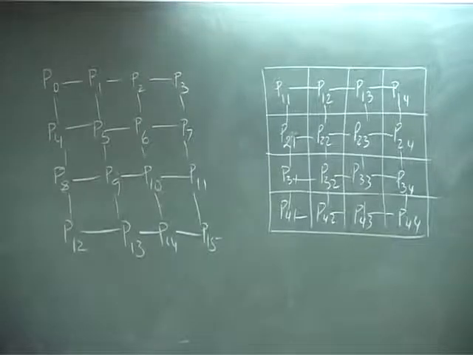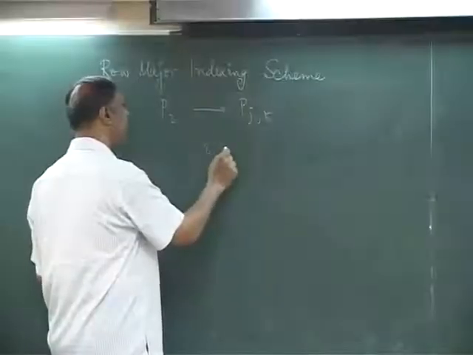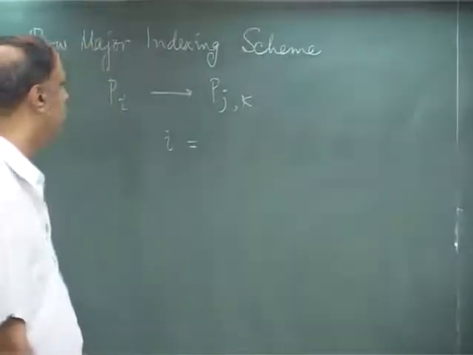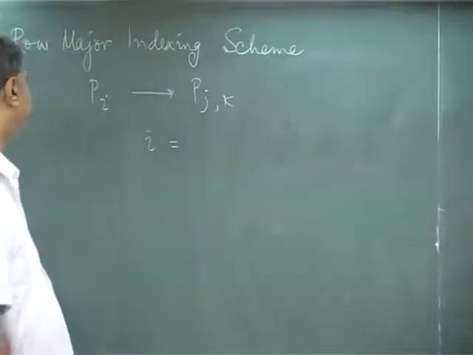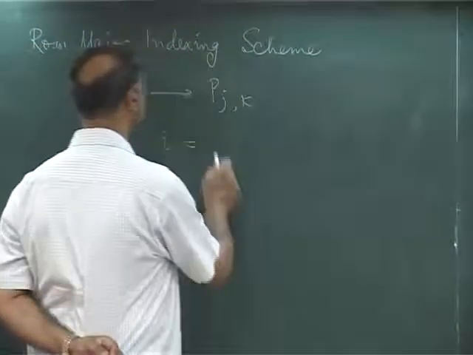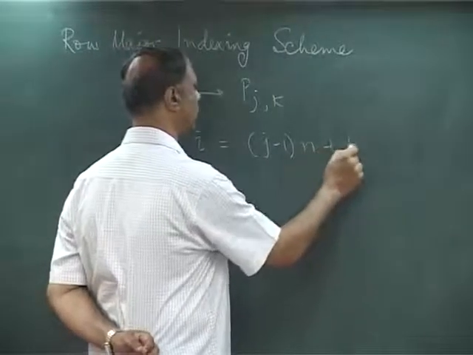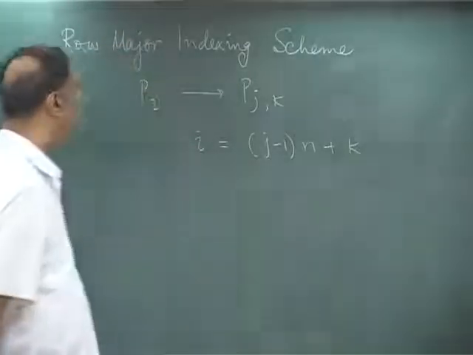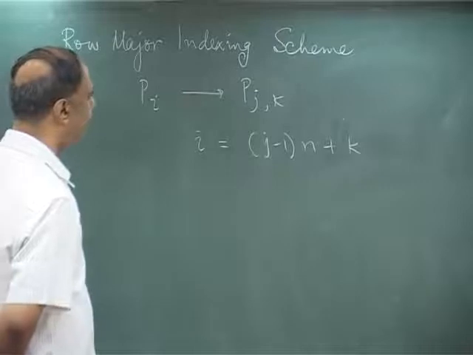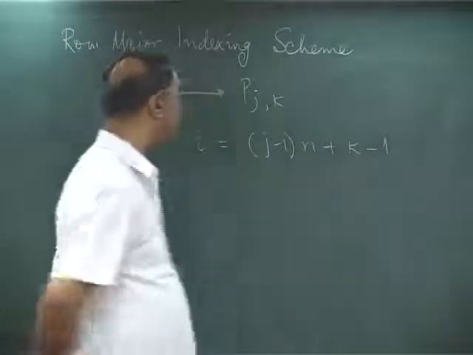So what is the relationship between i, j and k? i is equals to... is it okay?